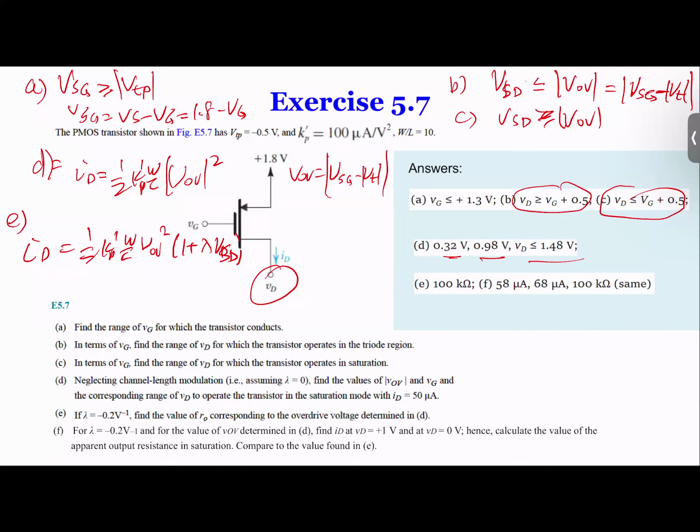So for example, if VG is 1.8, what happens? Your gate has the same potential as your source. Therefore, that source to gate junction has no voltage difference, right? So therefore, there's no current. So that's the kind of scenario you can think about.